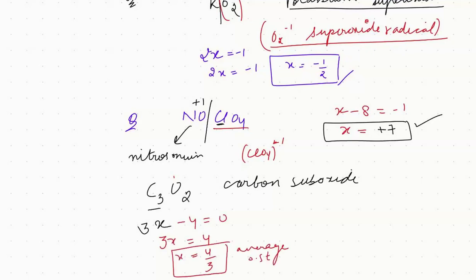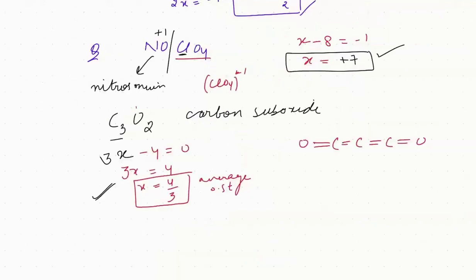So when you have C double bond C double bond C double bond O double bond O, this is the structure. But average oxidation state does not always represent the actual charges. Did you understand? So here, what is the charge on the middle carbon? 0.